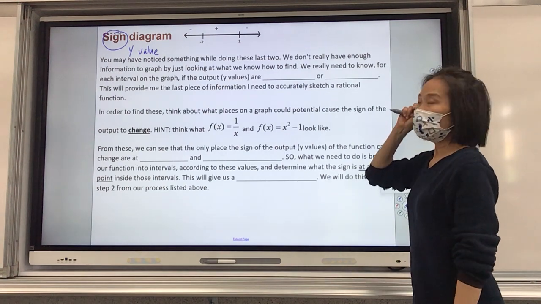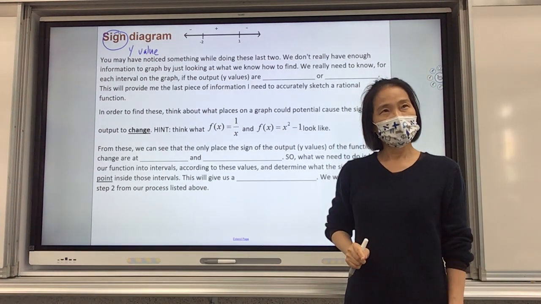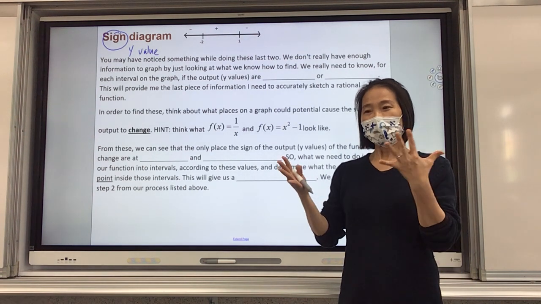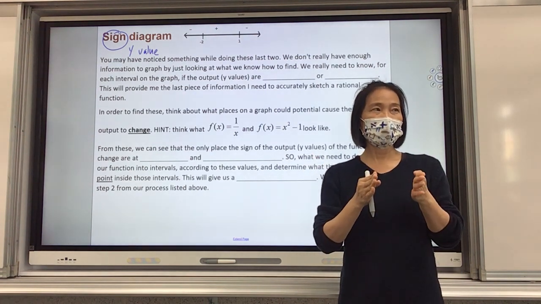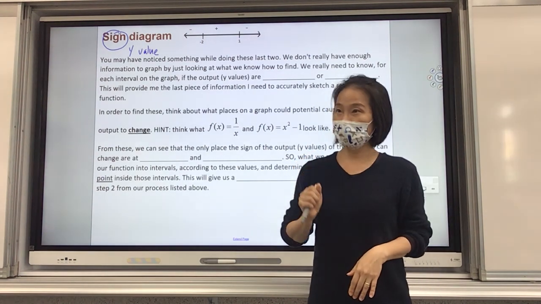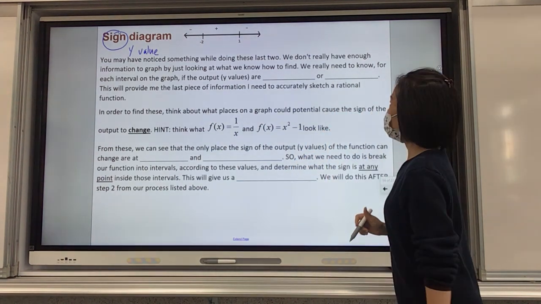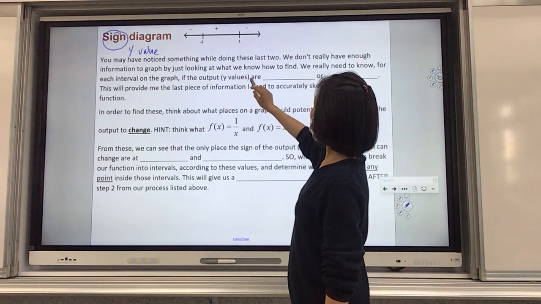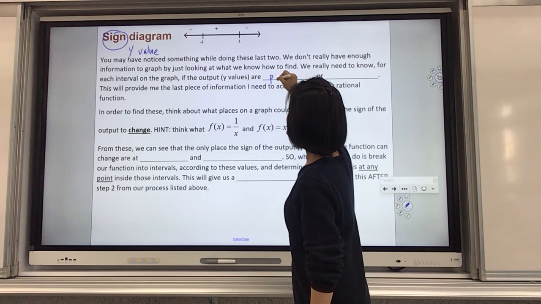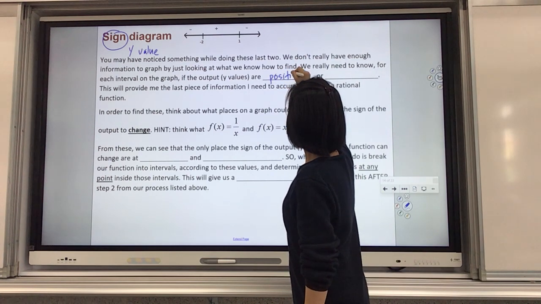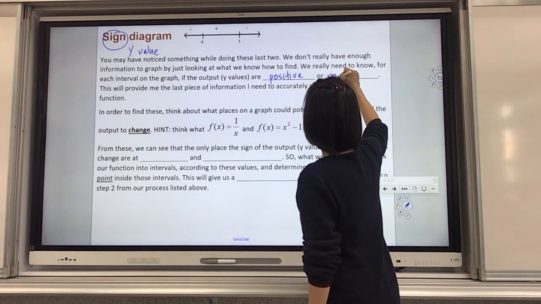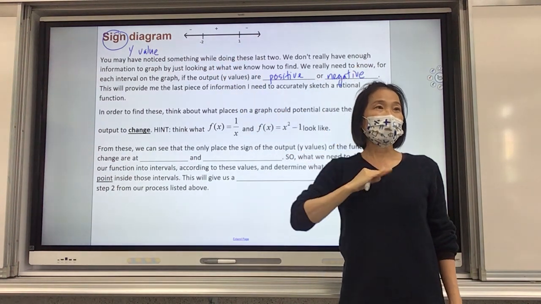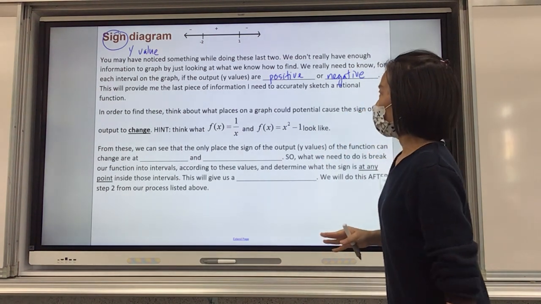When we think of a sign diagram, we can first think, what kind of point or situation will make the curve change its sign? Yeah? So if the output values y are positive or negative, that is a great piece of information for us to graph, right?